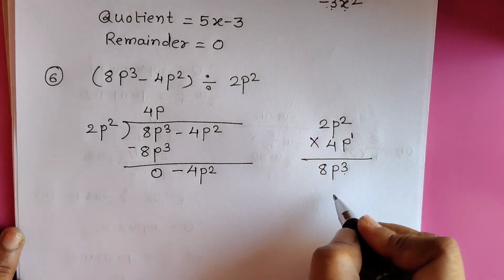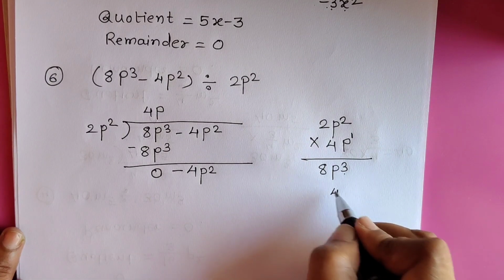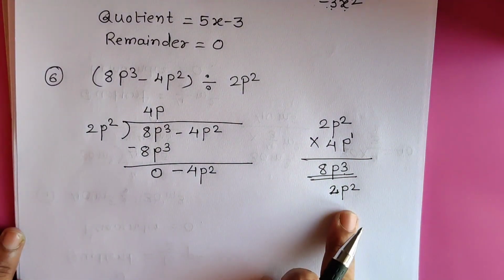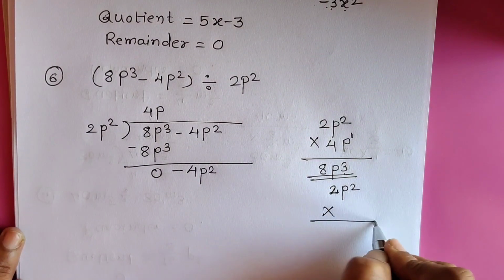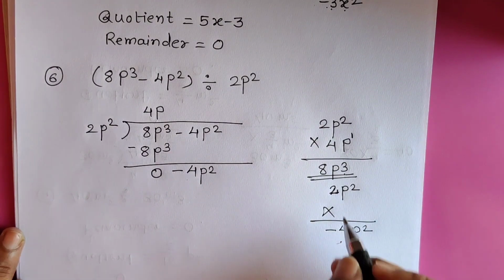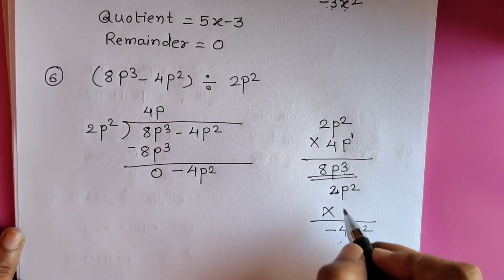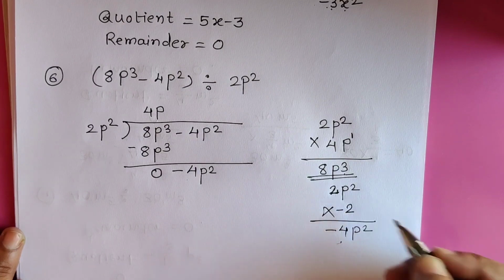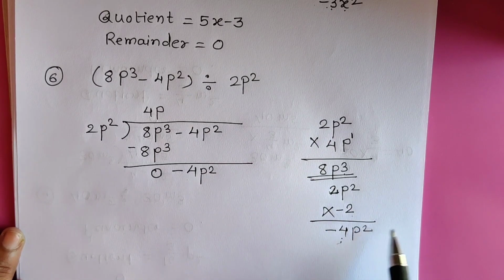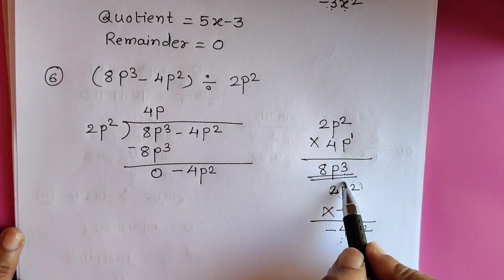Now again, 2p square, our divisor is 2p square, multiply by what? Answer should be minus 4p square. Minus we require. So we all know 2 2s are 4, but we require minus. That's why we have to write minus 2. 2 multiply by minus 2 we get minus 4. Now p square we require, and here p square is already there.